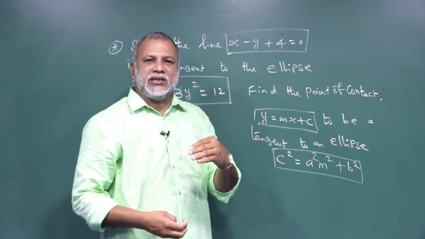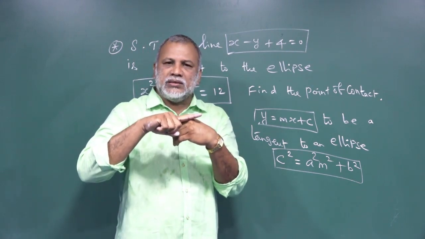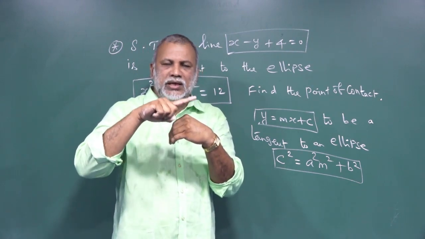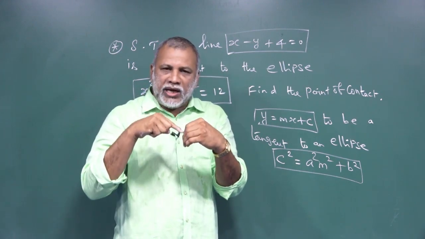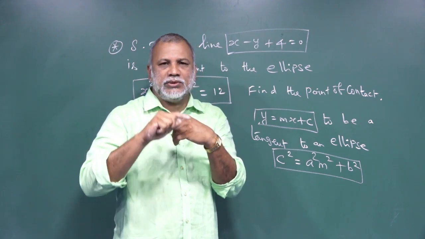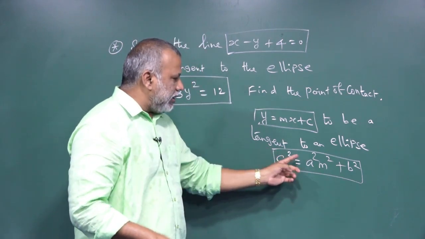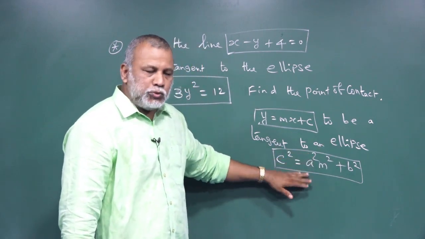What is the meaning of touches? Consider this is an ellipse. My finger touches this ellipse. Then it should be a tangent. Therefore, for the line to be a tangent to an ellipse, it should touch the ellipse. Then the condition is c squared equal to a squared m squared plus b squared. This is the required formula.